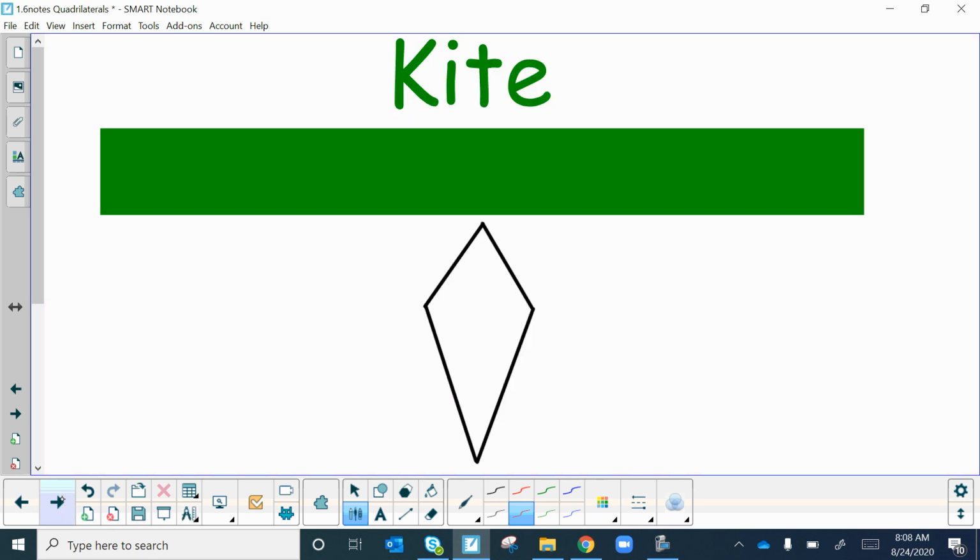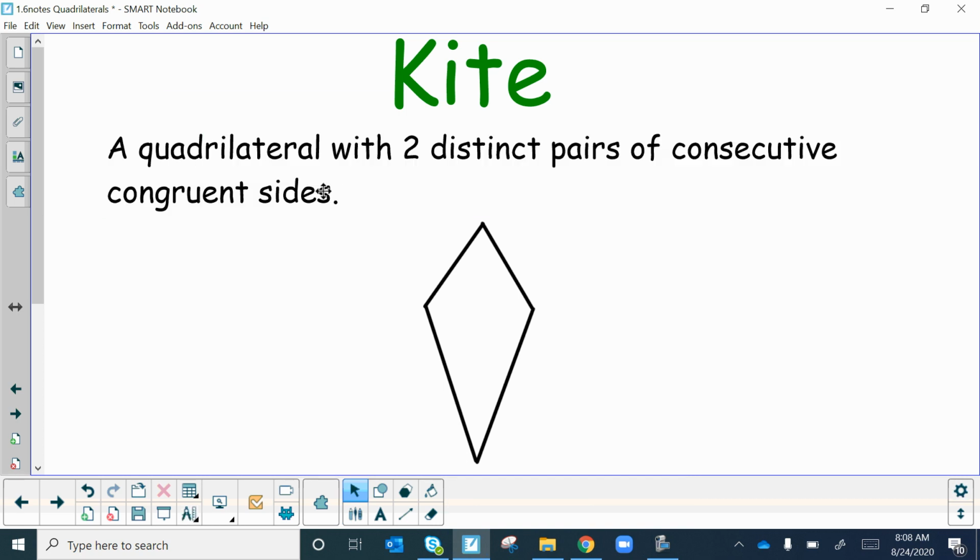The next one is the kite. The kite is a quadrilateral with two distinct pairs of consecutive congruent sides. So that's the important part: two distinct pairs. Consecutive, there's that word consecutive we talked about before. It means right next to, kind of like adjacent, congruent sides.